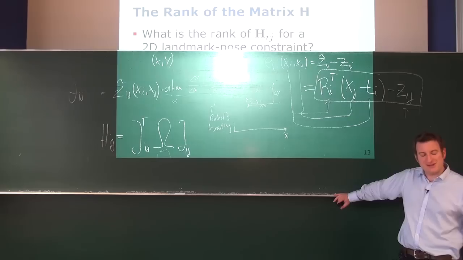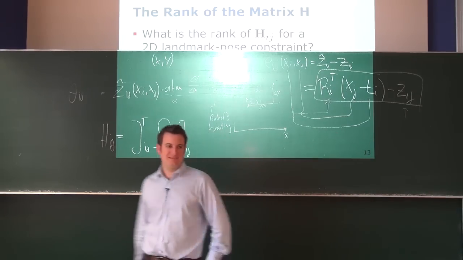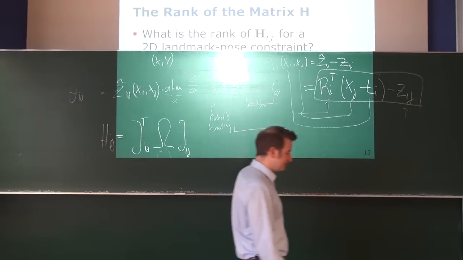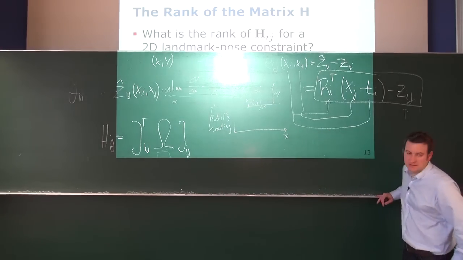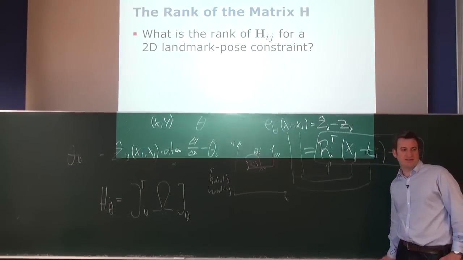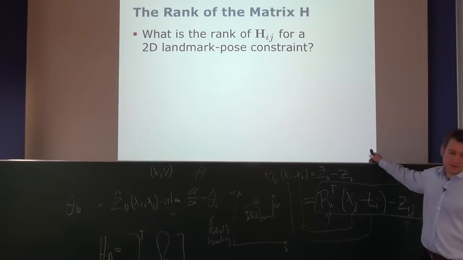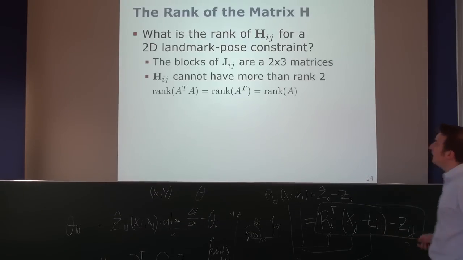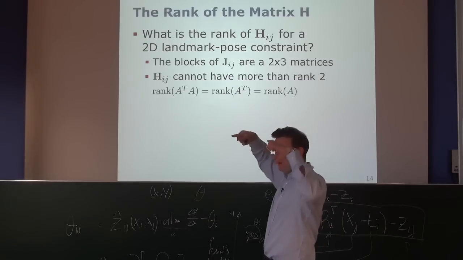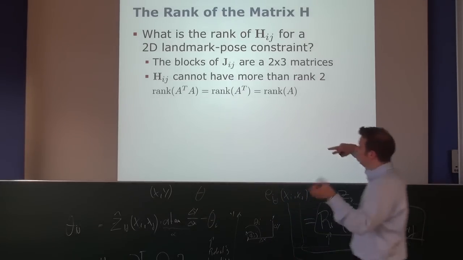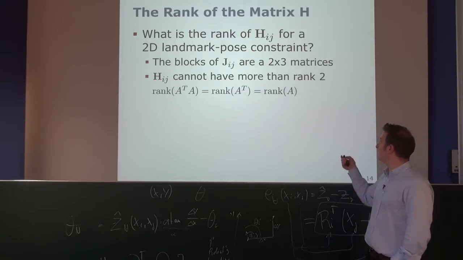It has 2 dimensions, because the landmark only has x and y, and the last parameter is just a scalar. So it's a 2x3 matrix, the Jacobian. Exactly. So we have a 2x3 matrix, and the matrix built up by the matrix transposed, so J transposed J, so the Hij cannot have more than rank 2.